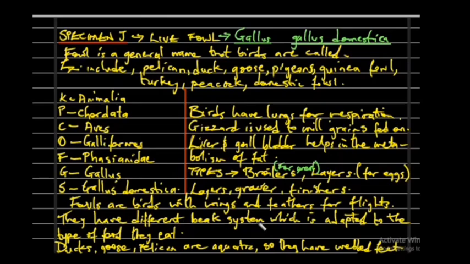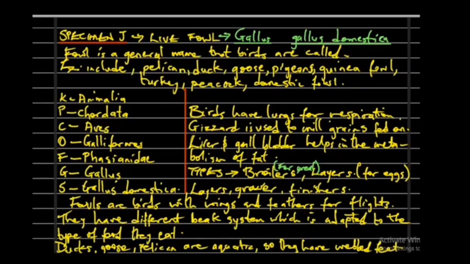They have different beak systems, which are adapted to the type of food that they eat. The type of food they feed on will determine the structure of the beak that they have. Example, the vulture has a strong curved beak because they feed on flesh, so they need a strong beak that can help them to tear or shear flesh from bones. The duck, for example, has a flat long beak, which helps it to sift through muddy waters for the organisms it feeds on.